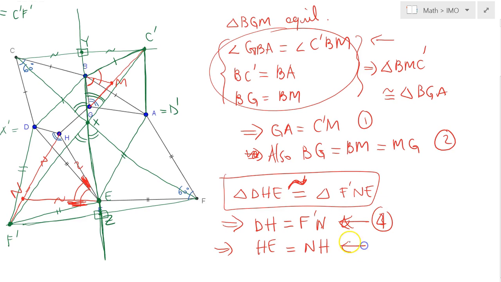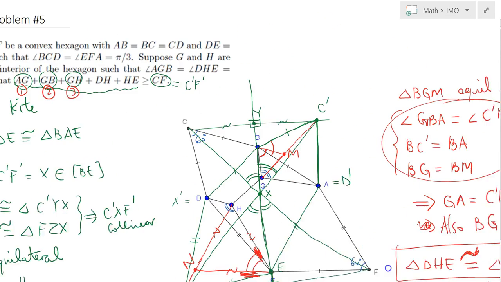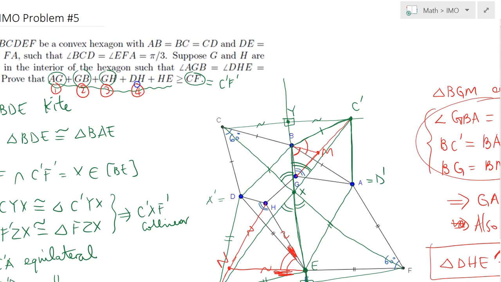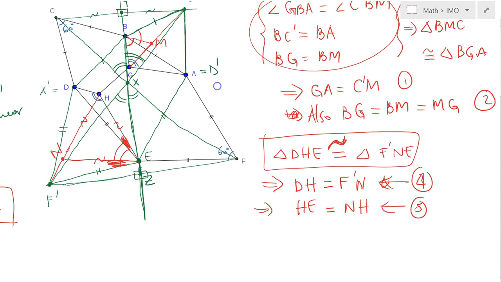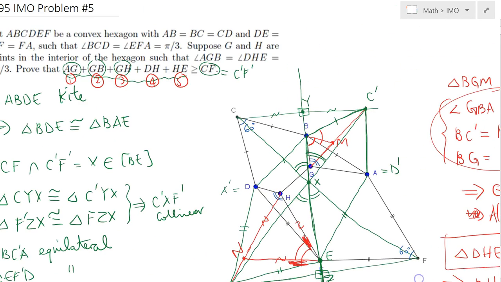So we can call this one 4, and that one 5. Go back to the picture, 4 here and 5 here. And finally, we can add up these, making sure that this one is intact.